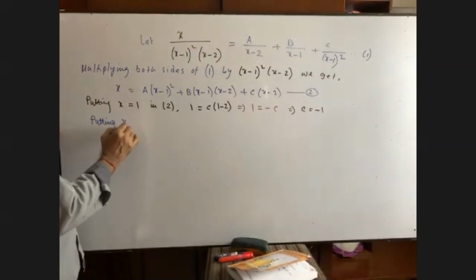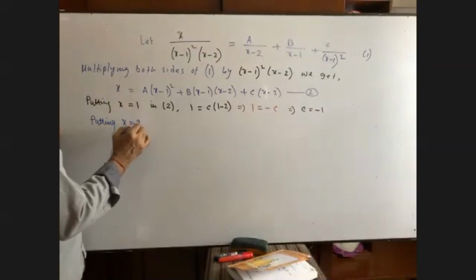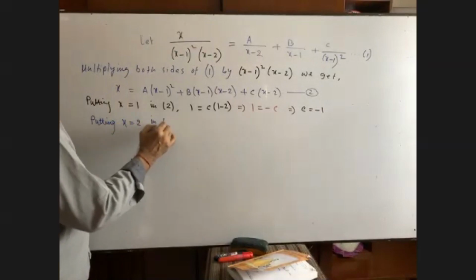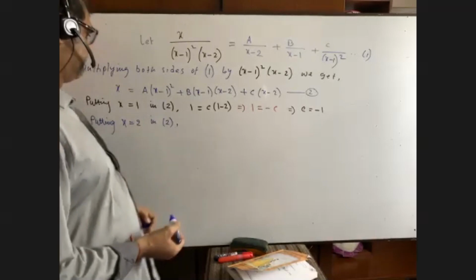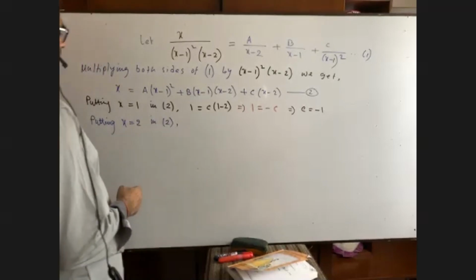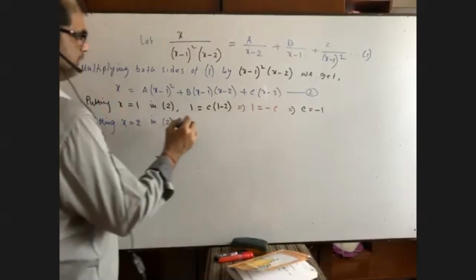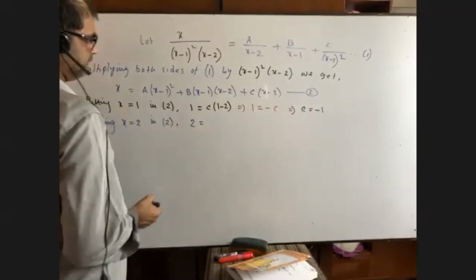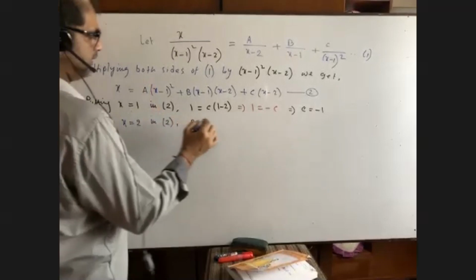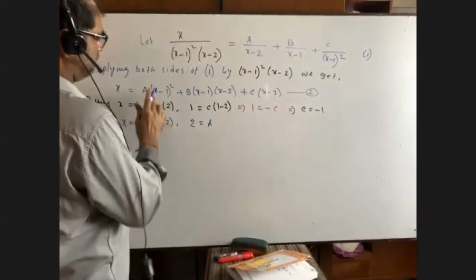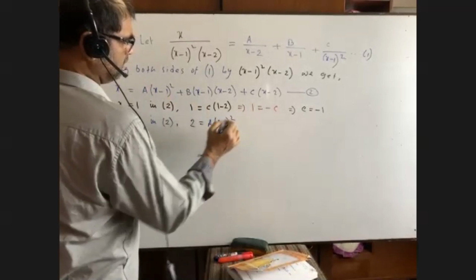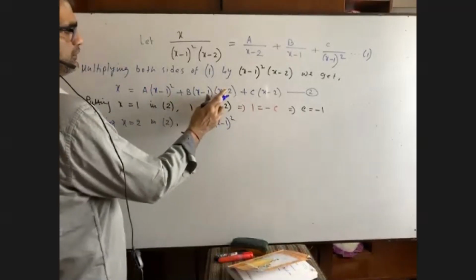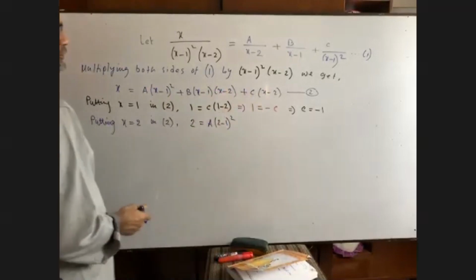Putting x equals to 2. Can you tell me? Here x equals to 2, so the left side is 2. Here we get A into 2 minus 1 whole square. If we put x equals to 2, the other terms are 0.